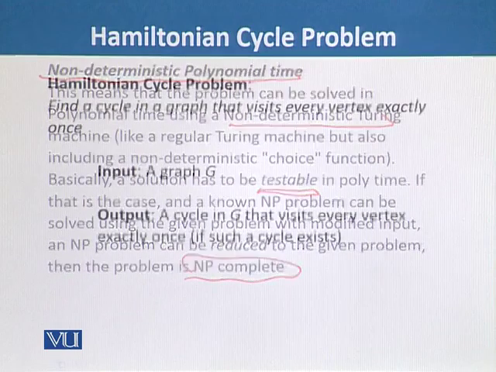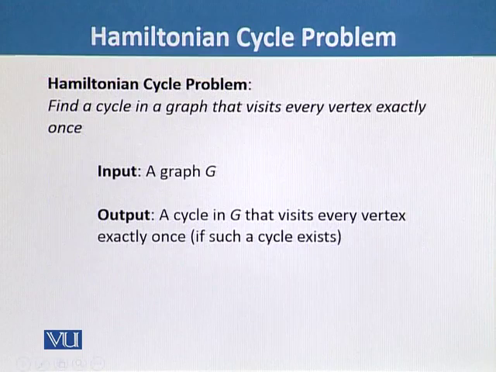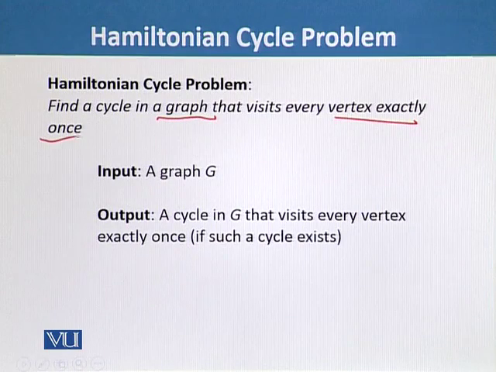So here we can see the Hamiltonian cycle problem, as we have seen, a game invented by Hamilton. The problem statement is that we have to find a cycle in a graph that visits every vertex exactly once. It means that if there are 20 cities or vertices, then we have to visit each vertex only once.